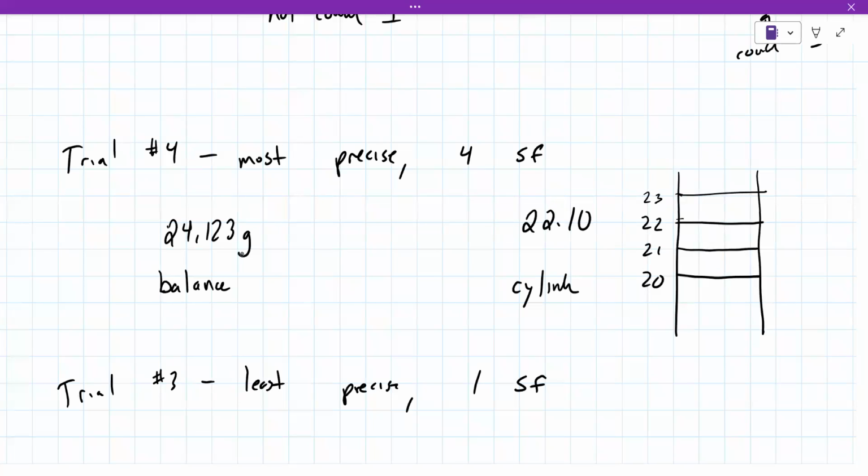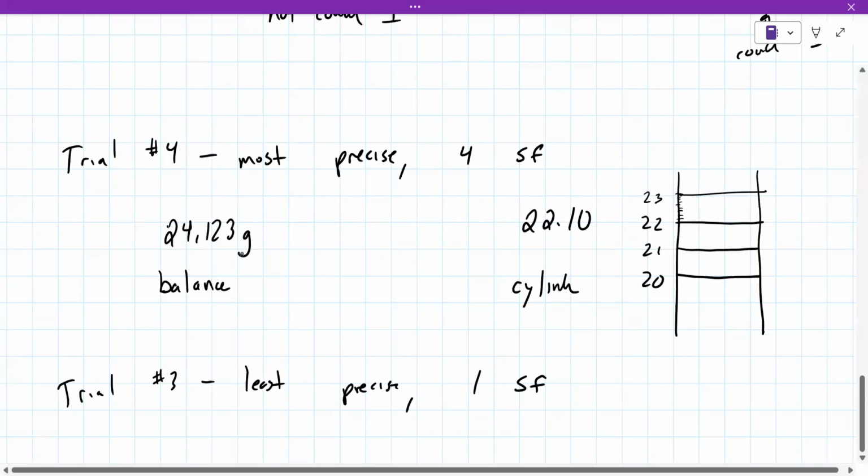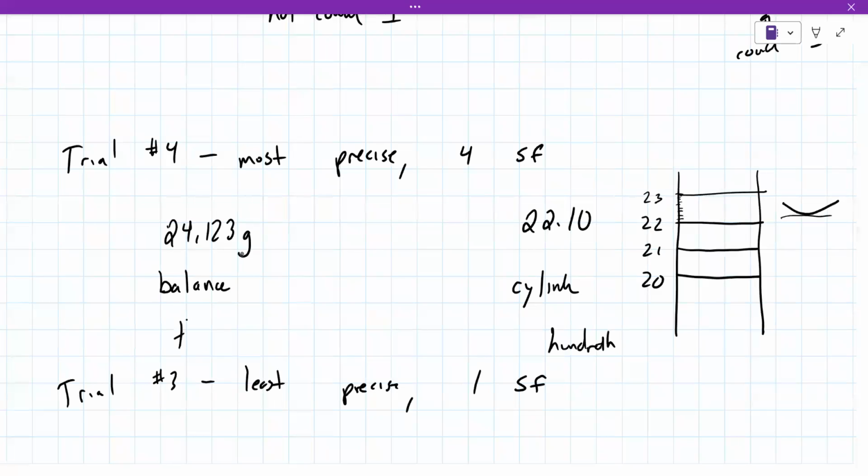There's like 1, 2, 3, 4, 5, 6, 7, 8, 9, 10. I believe that's 10. And that gives you the 10th. And then what I don't know is whether this 100th place is kind of eyeballing it, because there's a little meniscus, like it's pretty much right there on it. But you can say out to the 100th place. 100th versus 1000th.